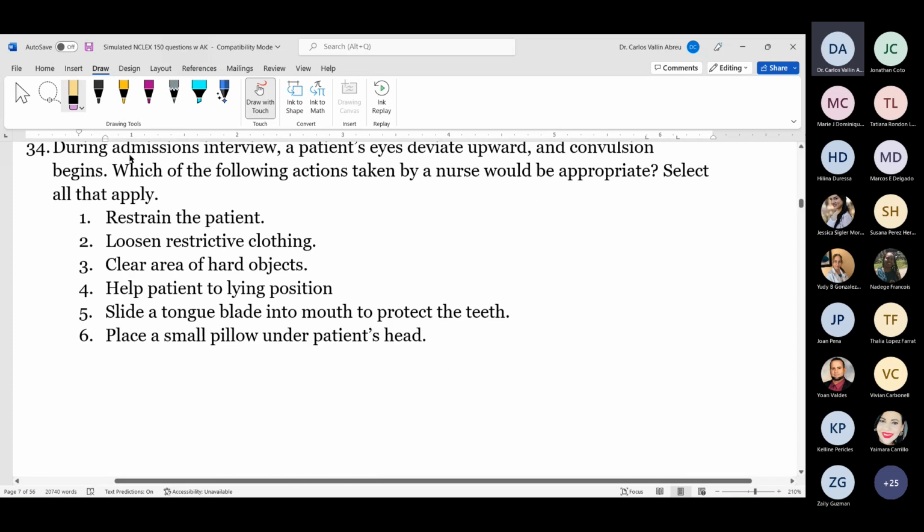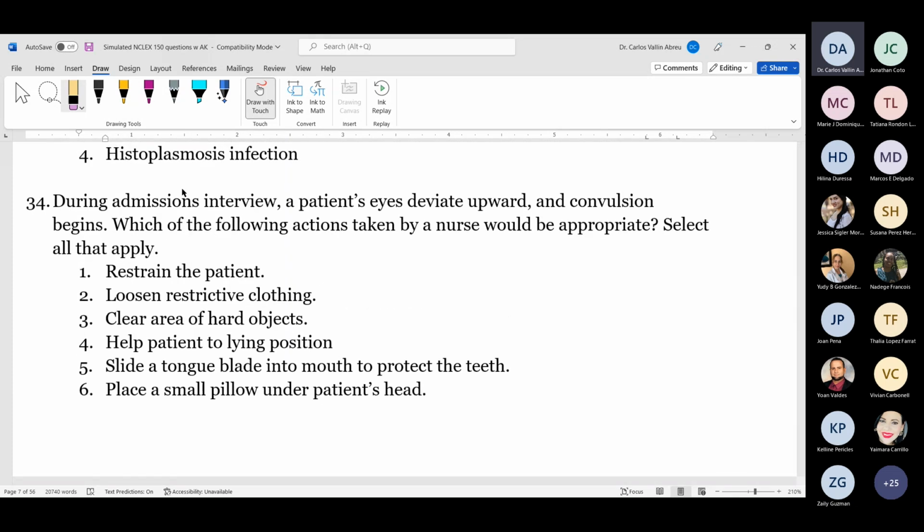During an admission interview, a patient's eyes deviate upward and a convulsion begins. Which of the following actions taken by the nurse will be appropriate? So the patient is sitting in front of you. Restrain the patient?